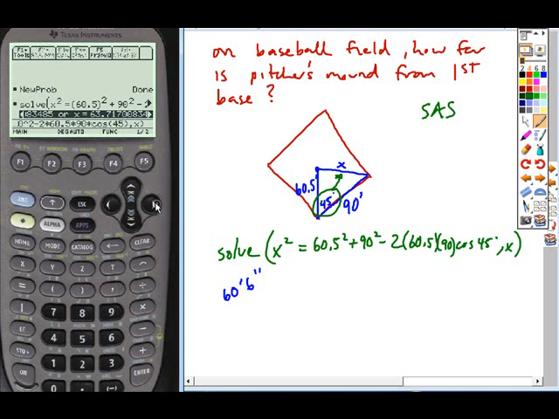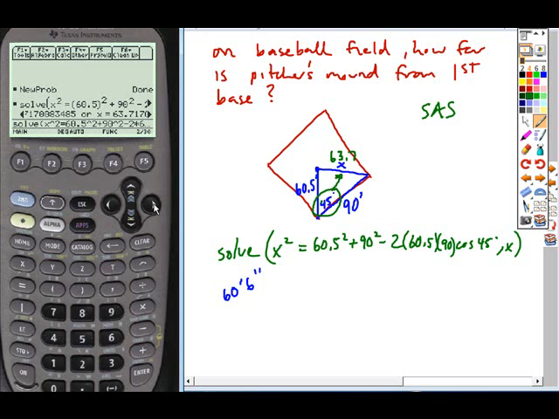My answer is 63.7. Did you get something different? What answers did you get? If you did get something different, I'll come by and check what your calculations look like.